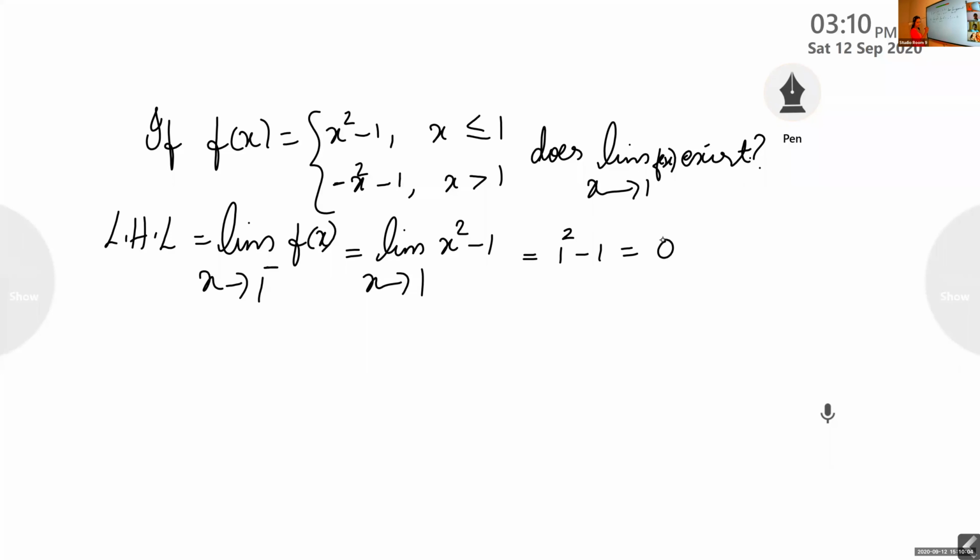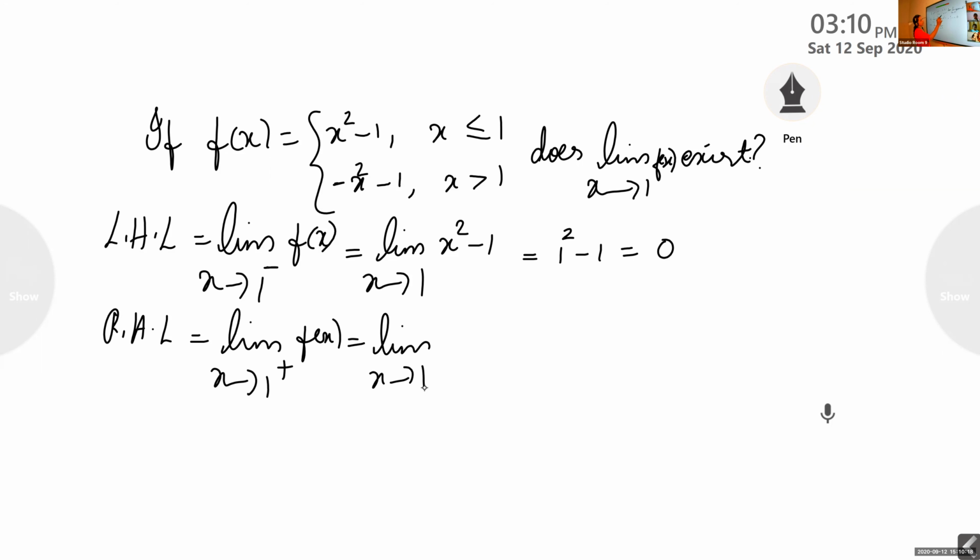Similarly, find out the right hand limit. The right hand limit is the limit as x tends to 1 plus of f of x. 1 plus means it is greater than 1. So for greater than 1, what is the function? It is minus x square minus 1.